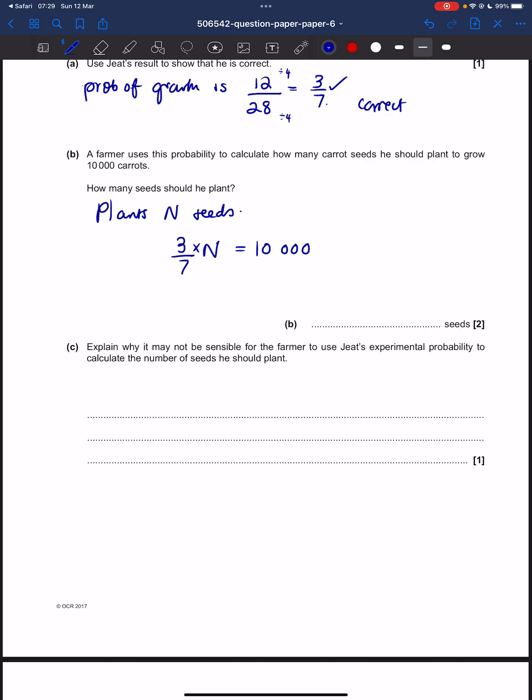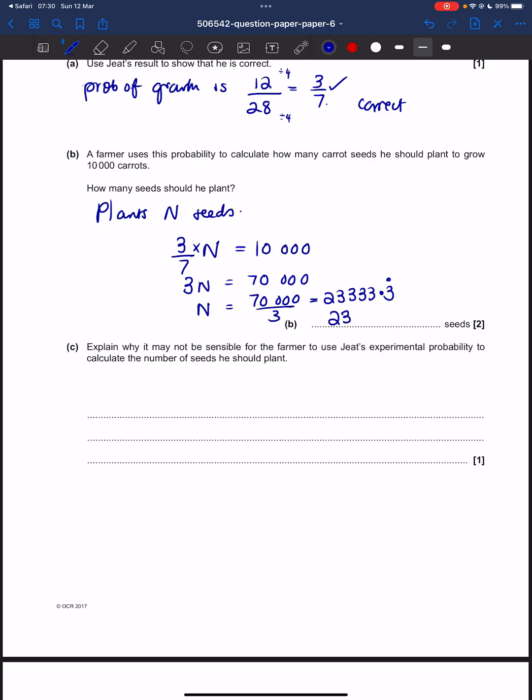Okay. So we multiply by 7 and then divide by 3. I've got 23,333.3 recurring.